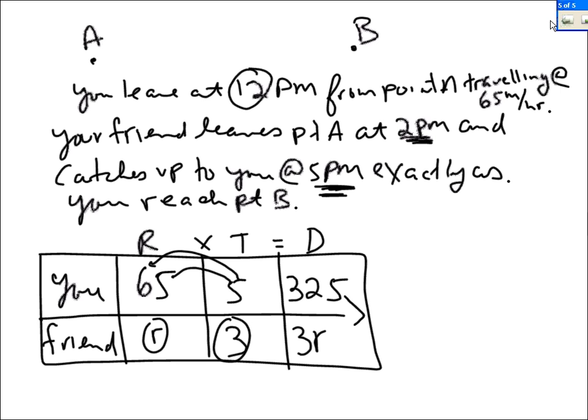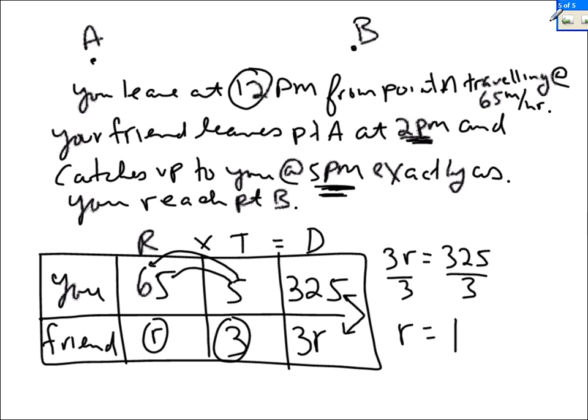But we know that these are equal. We know that 3R is equal to 325. So we divide by 3, we divide by 3.